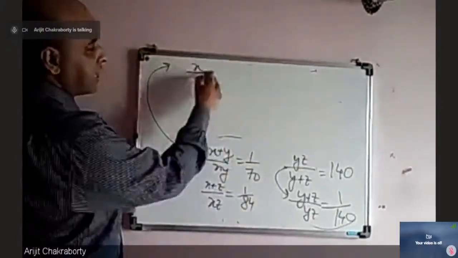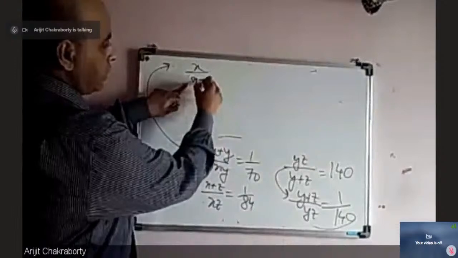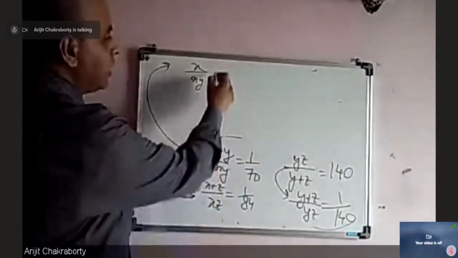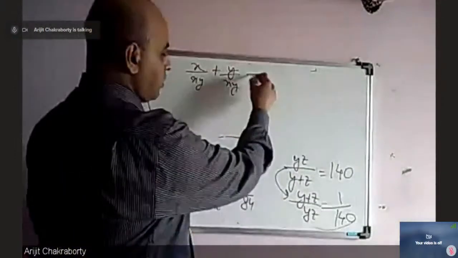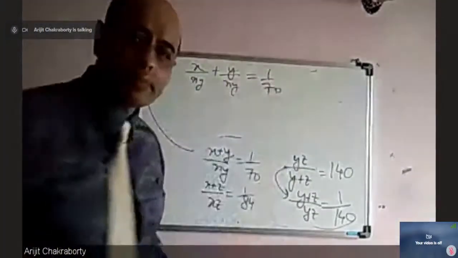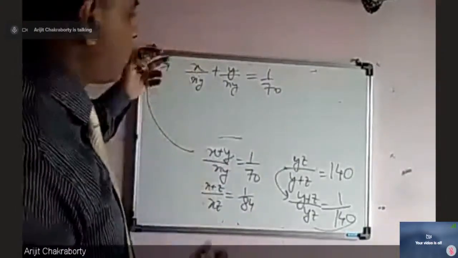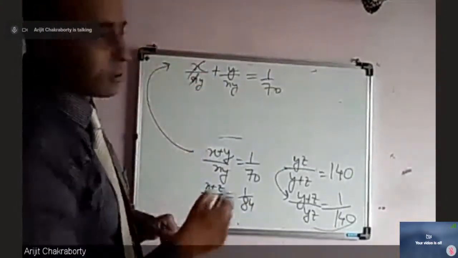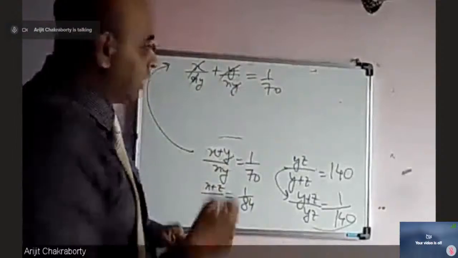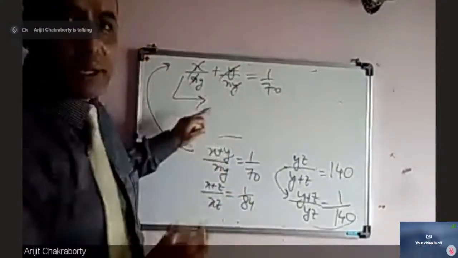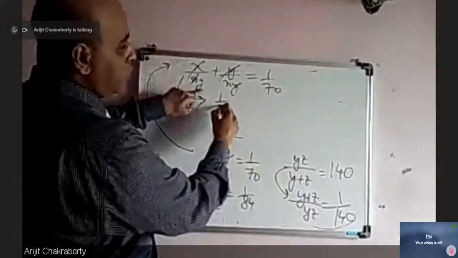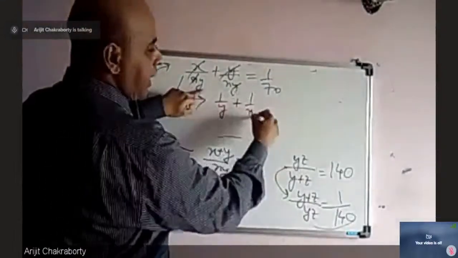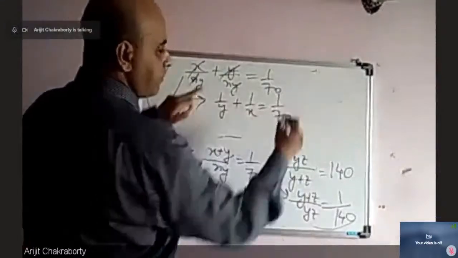It means x/xy plus y/xy, and this is equal to 1/70. So x cancels out, y cancels out. The equation gets simplified and becomes 1/y plus 1/x is equal to 1/70.